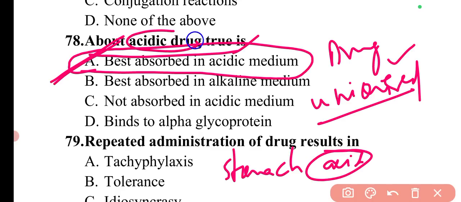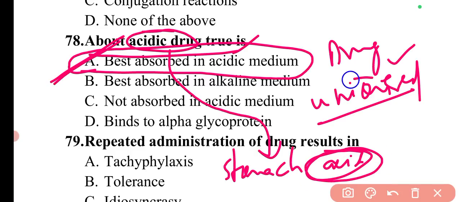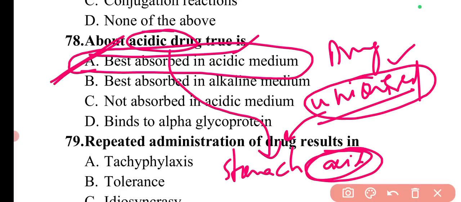So when the acidic drugs go to the stomach, they will have the same environment, so they will be in the unionized form.